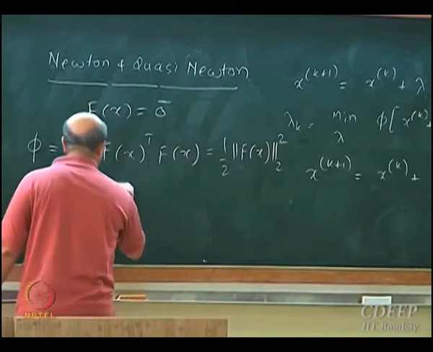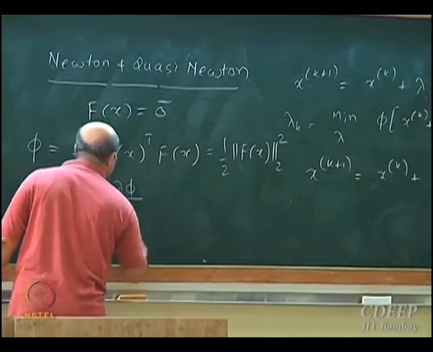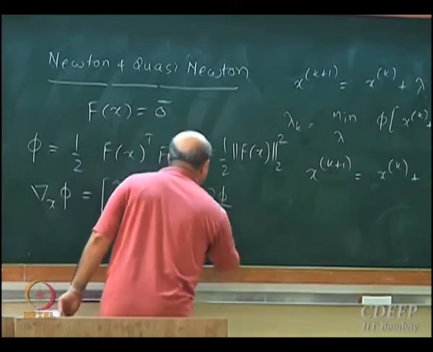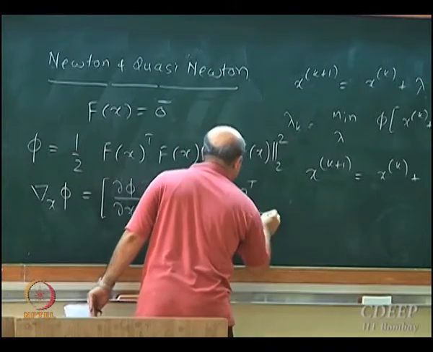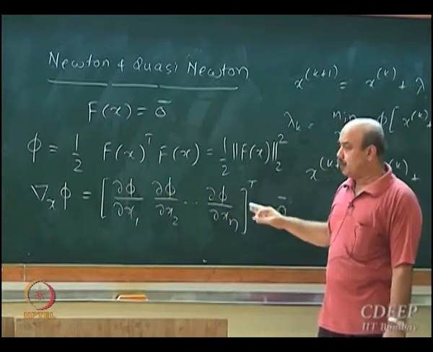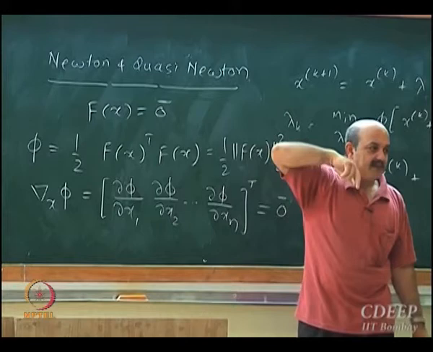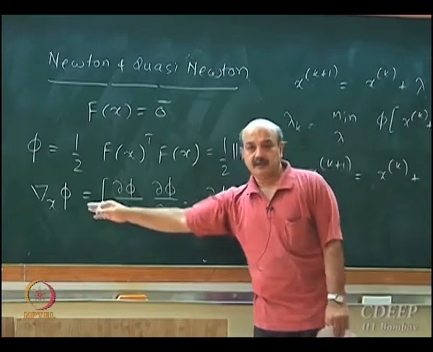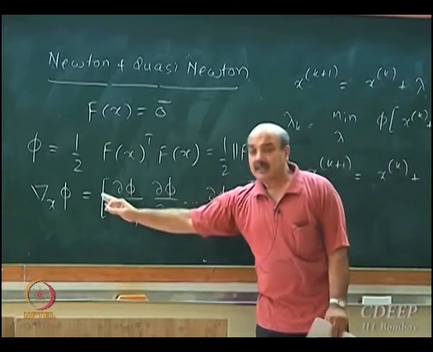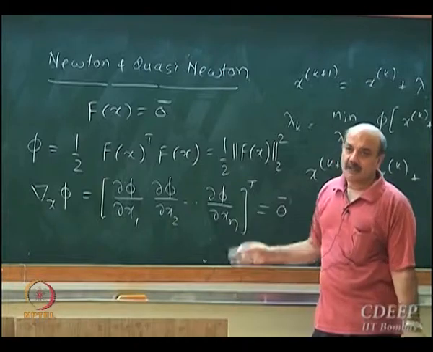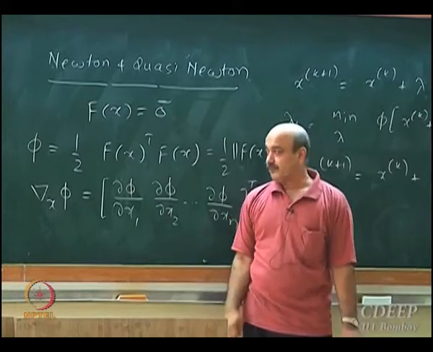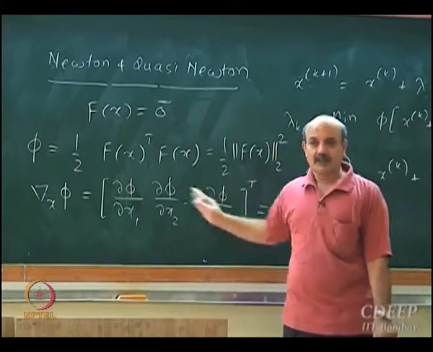It is equal to dou phi by dou x1, dou phi by dou x2, up to dou phi by dou xn, transpose, equal to 0 vector. Because phi is a scalar, its gradient with respect to x is a vector. This vector I want to set equal to 0. If I solve this equation exactly, then I will get the solution. But my problem is nonlinear, I cannot solve this exactly.